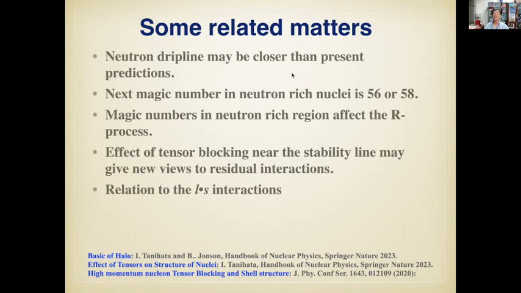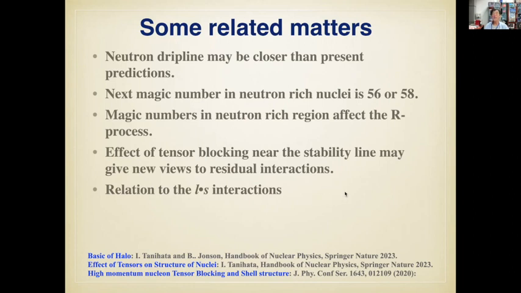So there could be a chance that the drip line may be closer than present predictions. And the next magic numbers are 56 and 58. And of course, there are other things, nuclear astrophysics and those things.